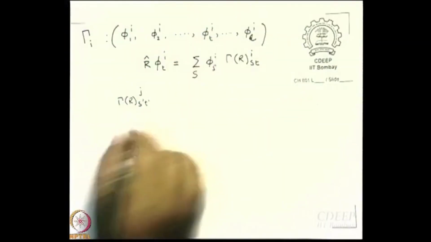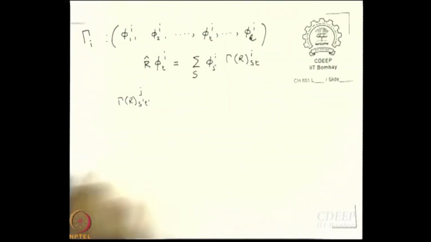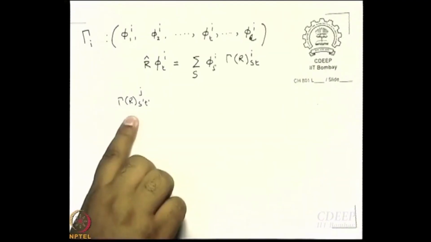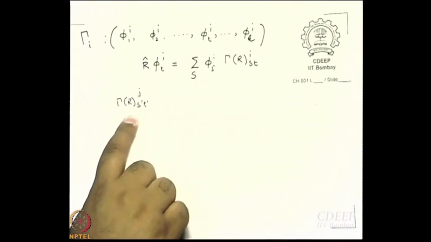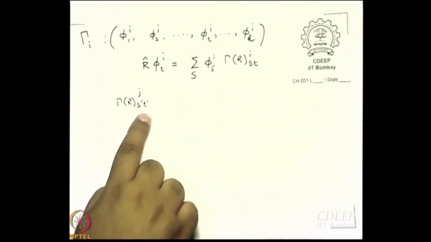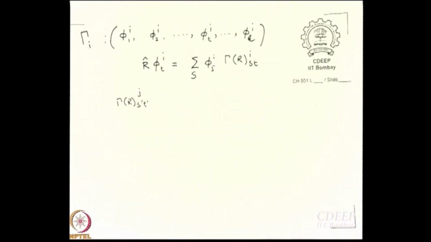But now when I write gamma R S dash T dash J, what I am essentially saying is that S dash, T dash, J have some specific value. I am taking one of all the different possible matrix elements, and I am multiplying both sides by that. So this is a specific matrix element. You can write 1, 3 and 5 here, for example.